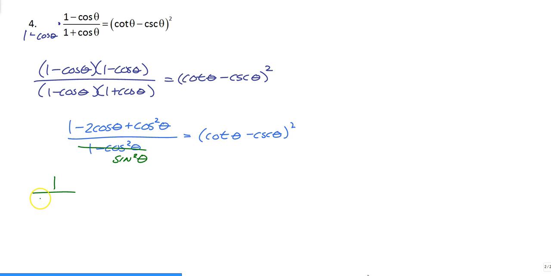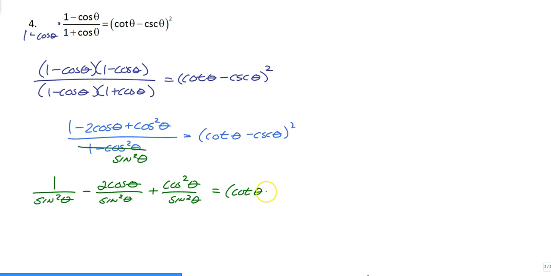I'm going to do 1 over sine squared theta minus 2 cosine theta over sine squared theta plus cosine squared theta over sine squared theta. So what I did is I split the entire numerator into 3 parts because that's how you add fractions. You just need a common denominator to do them.